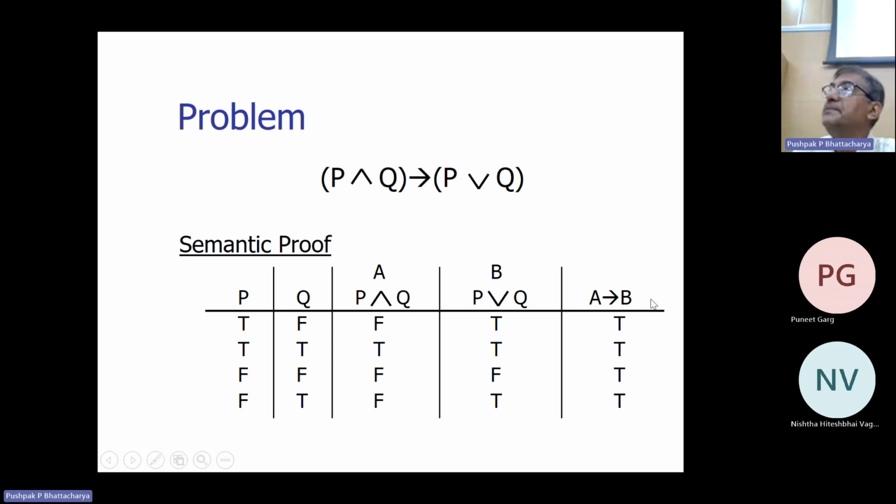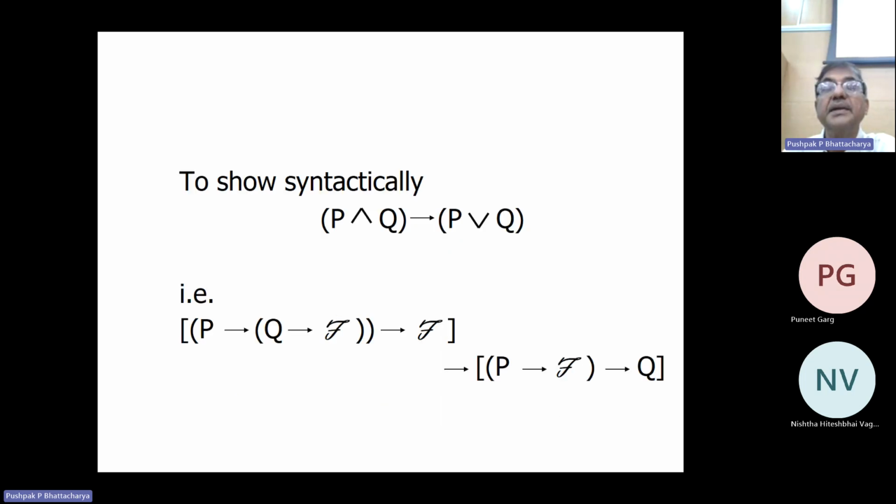Showing tautology is a very easy proposition because of the truth table. The syntactic path is not easy. It is non-trivial. It requires some clever use of axioms and inference rules. But the deduction theorem comes to our aid.